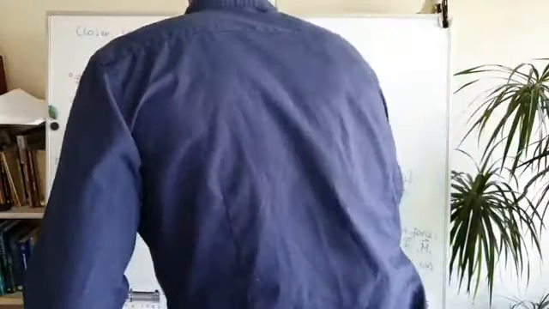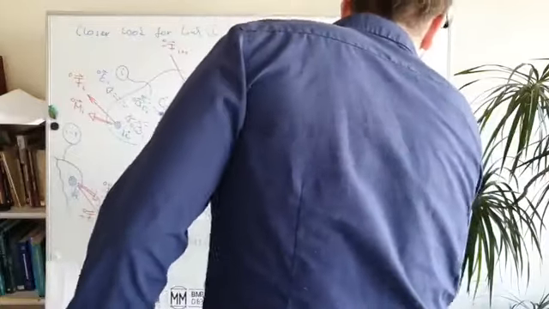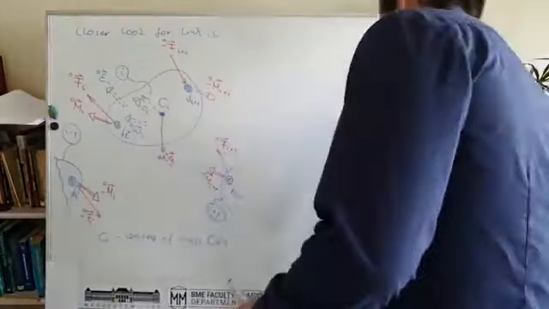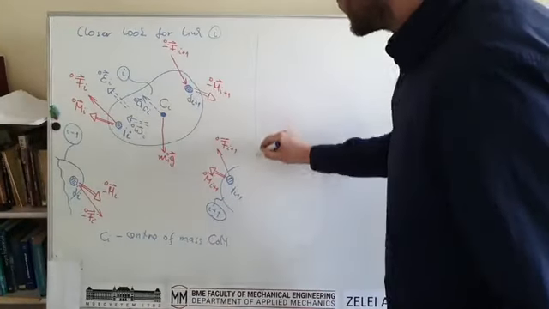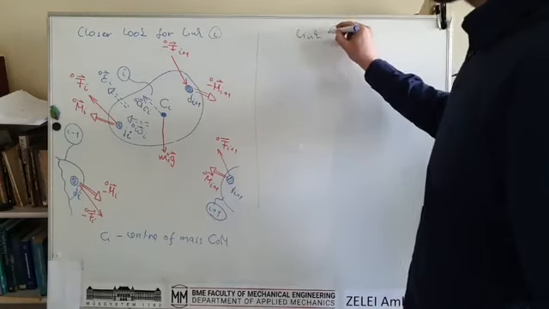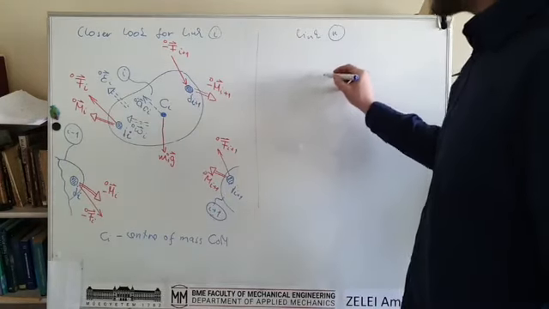To have a complete figure of the whole thing, we can also take the last link. If we are talking about the last link of the robot, there is n.